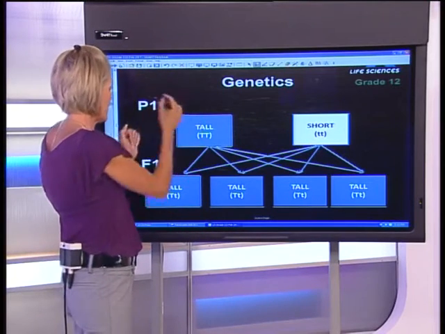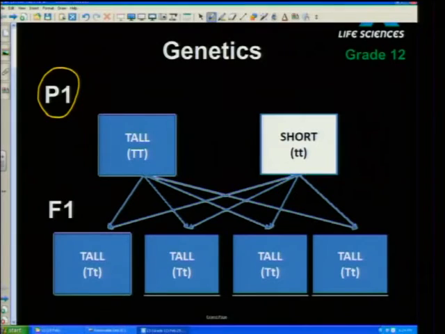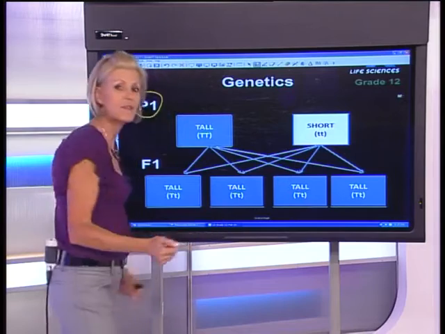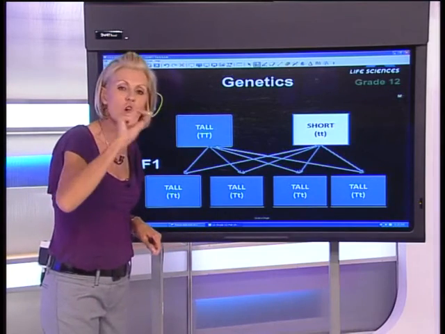Okay, so in the first parent generation, I have the tall parent and the short parent. So homozygous dominant, homozygous recessive. Okay, the first group of little seeds, when you plant them and they grow, what do we see? We see tall plants. Why? Because this dominant characteristic is now seen in the phenotype in each of the babies.